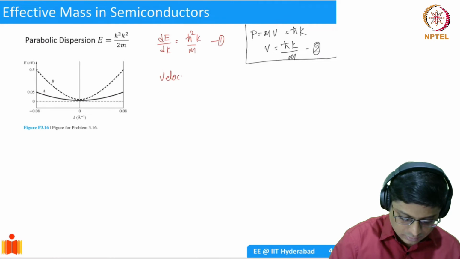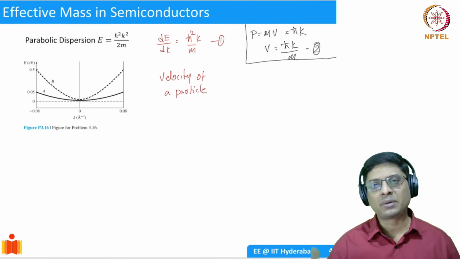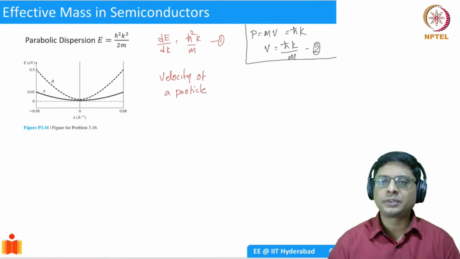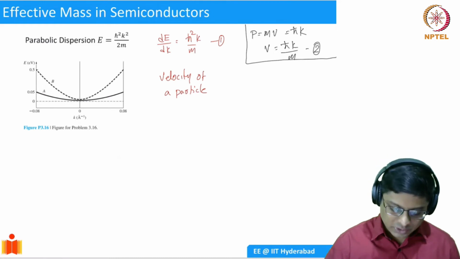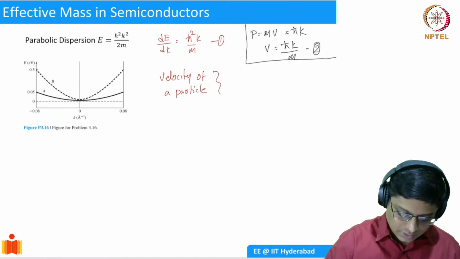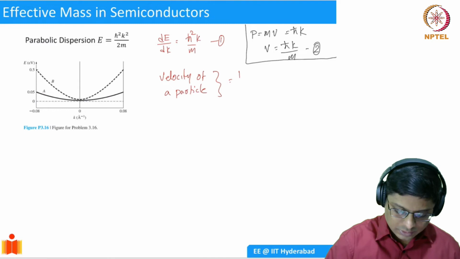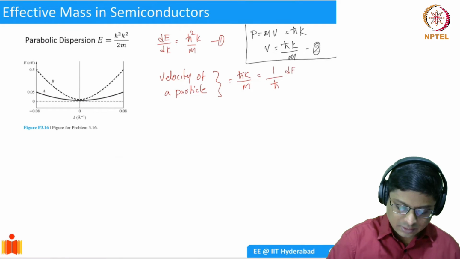the velocity of a particle traveling in a band. Okay, if you're talking about the conduction band, we're talking about electrons. If you're talking about the valence band, then we will talk about the holes. So the velocity of a particle is h cross K by m, and that should be equal to 1 over h cross dE by dK.